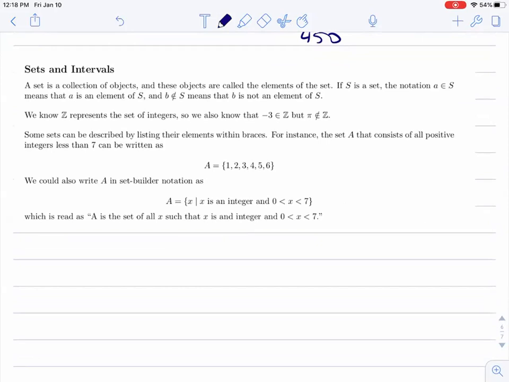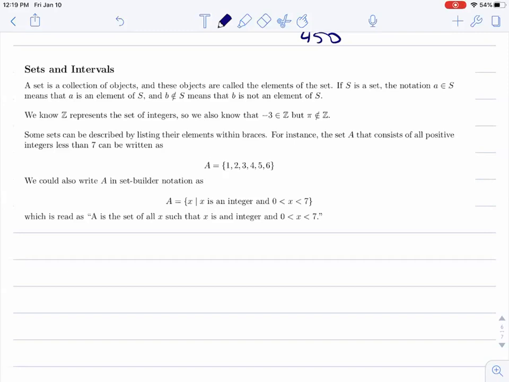The set of real numbers is all possible numbers. The set of natural numbers is all whole numbers starting from 1 and going to positive infinity. All of these are sets that we talked about earlier. The set of integers is from negative infinity going up by whole numbers through 0 all the way to positive infinity.